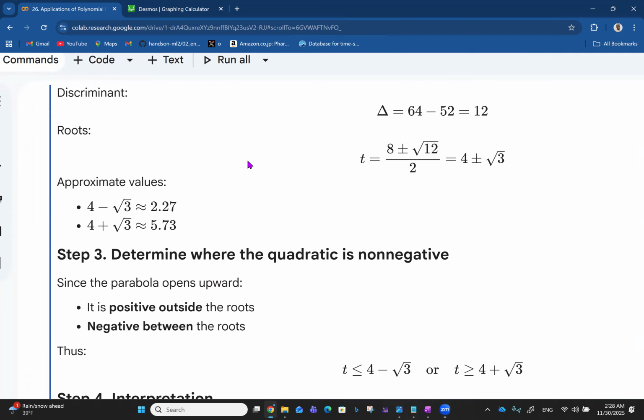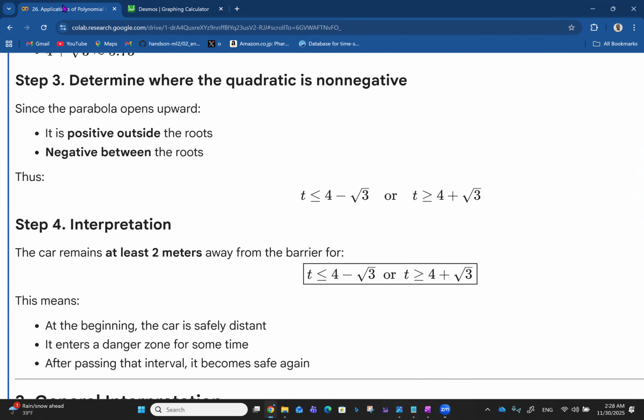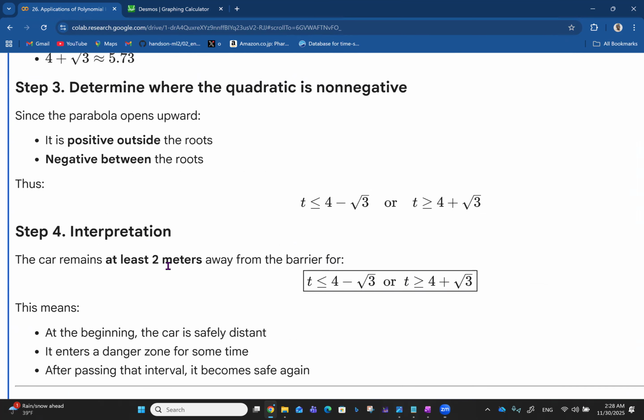So to determine where the quadratic is non-negative, we've determined that already from the plot. And of course, we also have the sign change method, the sign change chart. So the interpretation now is the car remains at least 2 meters away from the barrier for t less than or equal to 4 minus root 3 or t greater than or equal to 4 plus root 3.